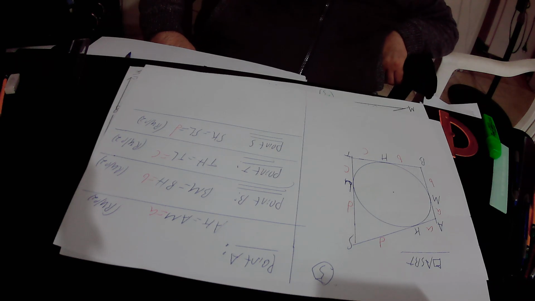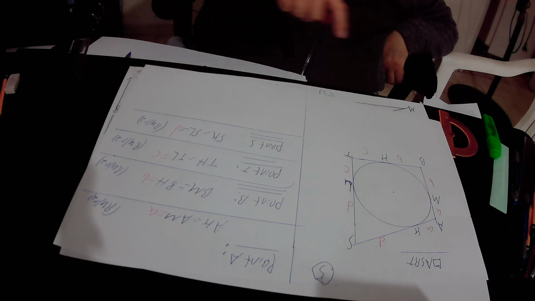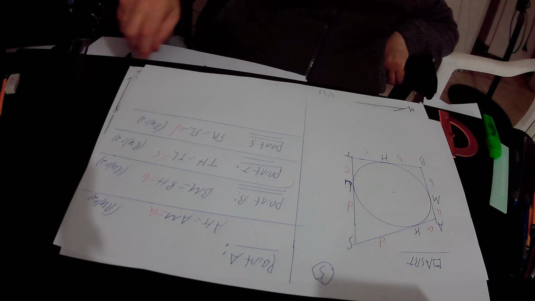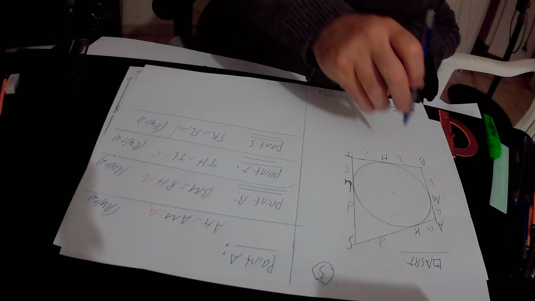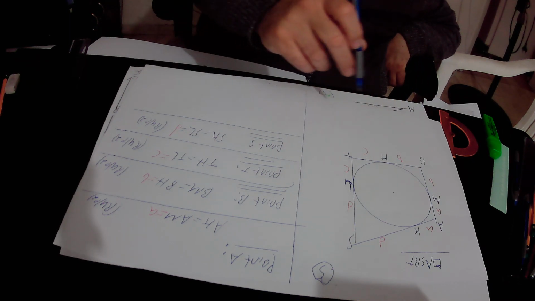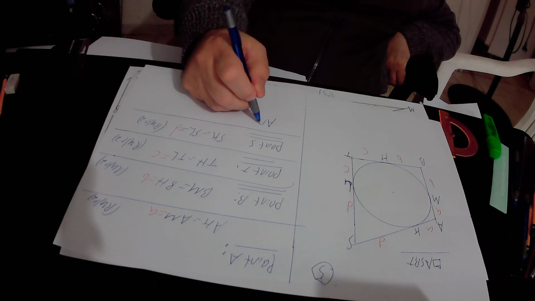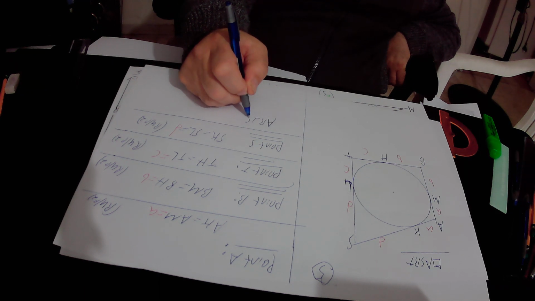In the next step, we will add side AB to the opposite side, side ST. Again, we will add side AB to side ST in this quadrilateral ASBT. So what is the value of AB plus ST?